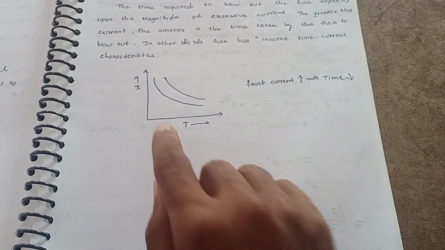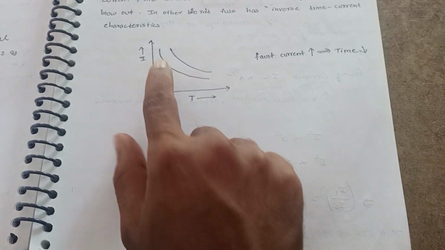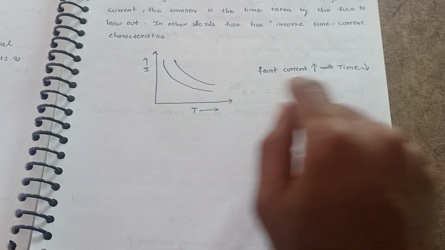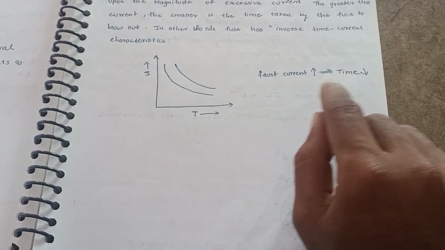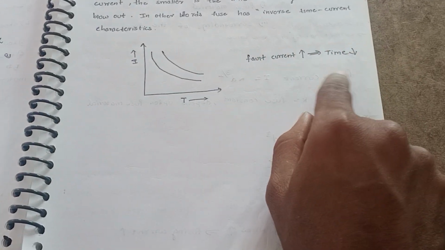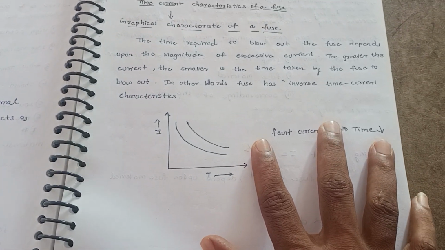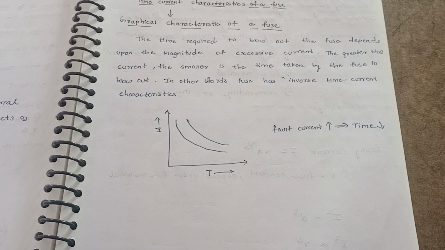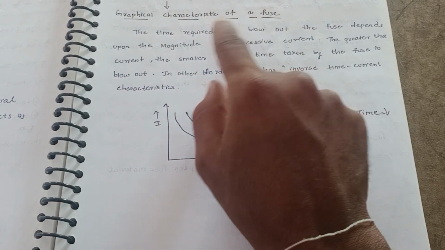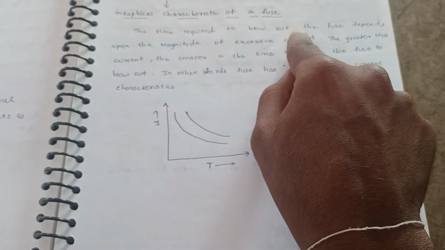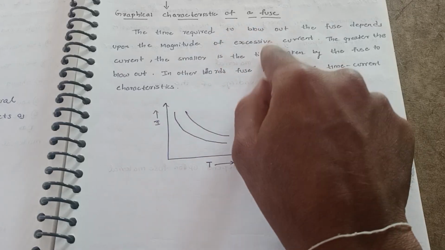Time current characteristics. As the time increases, current decreases. So as time decreases, fault current increases. This is the graphical characteristic of the fuse. The time required to blow out the fuse depends upon the magnitude of the excessive current.